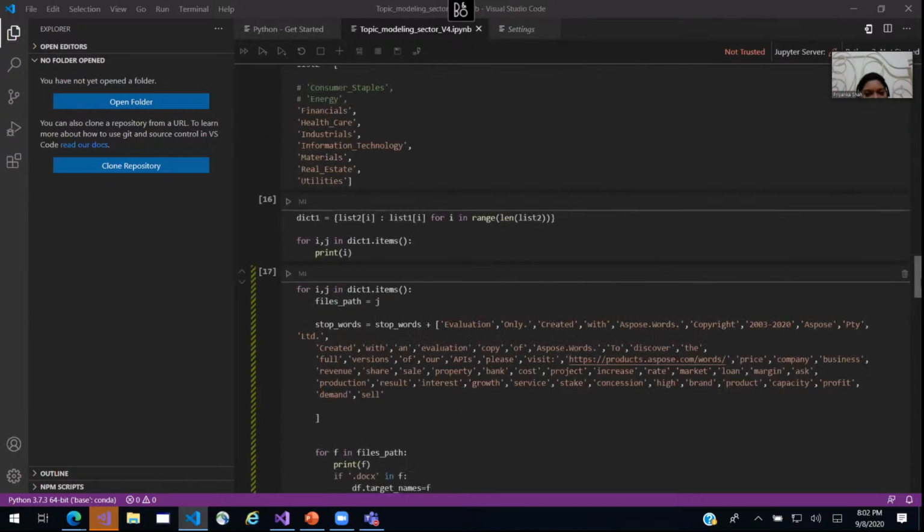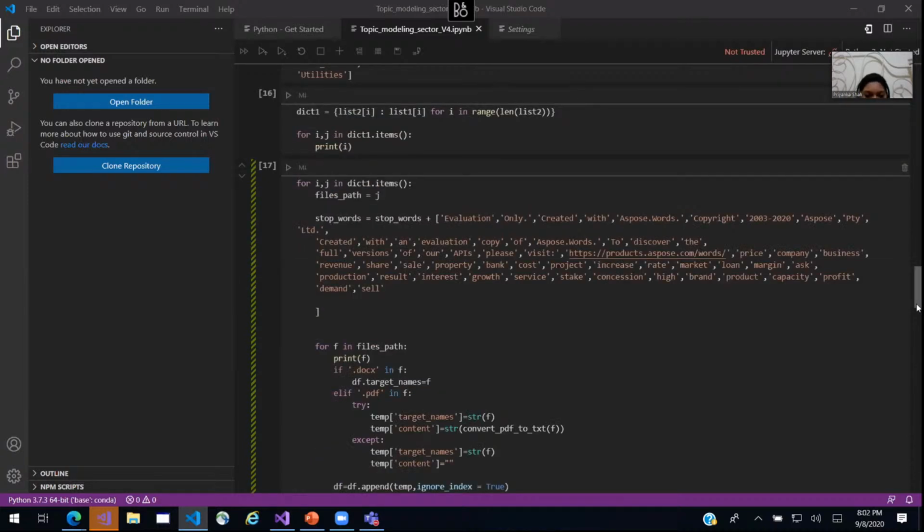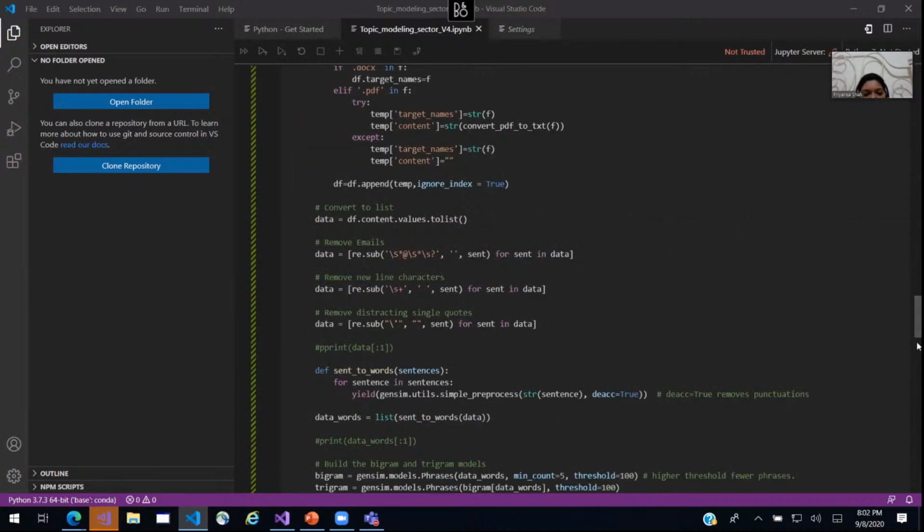For example, created, evaluation, full version, product, company, business, and because we are an asset management company, business, margin, capacity, profit. These are all things which would occur across your documents, across sectors, across topics. So we define our own stop words which we don't want presented as part of our results.